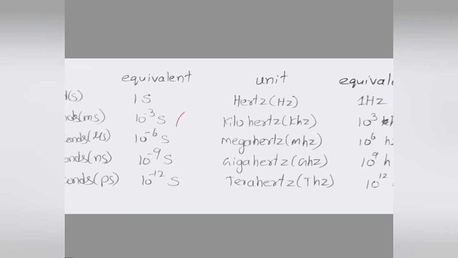Microseconds are 10 power minus 6 seconds, which converted into frequency is 10 power 6 hertz. Similarly, picoseconds are 10 power minus 12 seconds, and the frequency is 1 by 10 power minus 12, that means 10 power 12 hertz. So frequency and time are inversely proportional to each other.